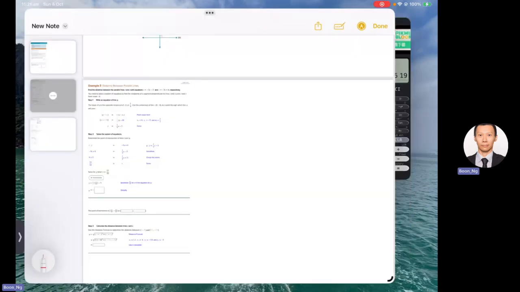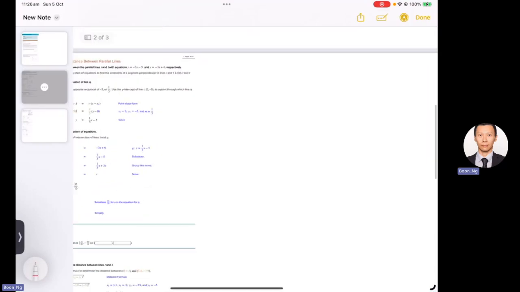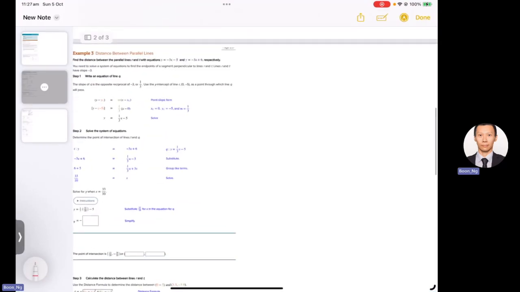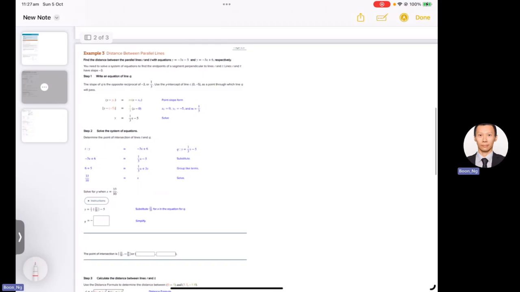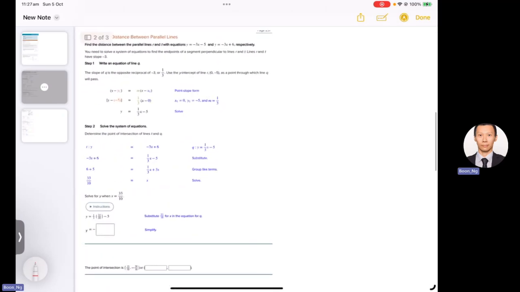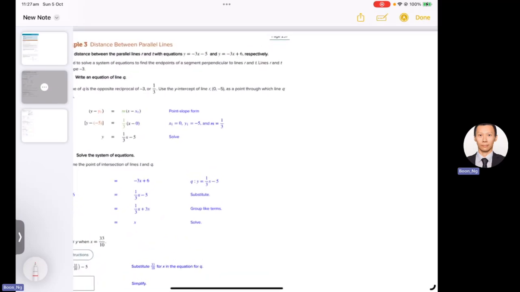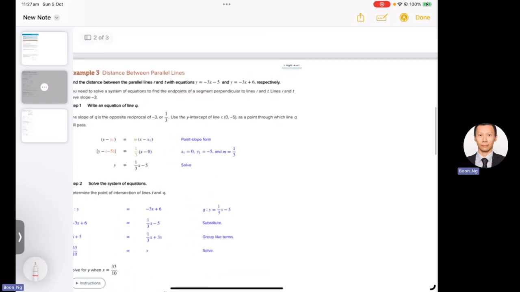All right, let's start to work on example three. So example three is to look for the distance between two parallel lines. Line one and line number two.